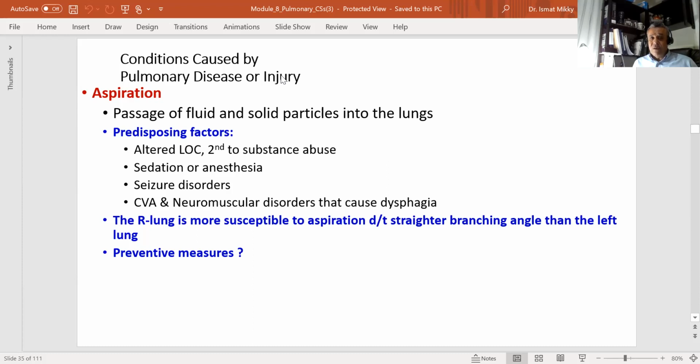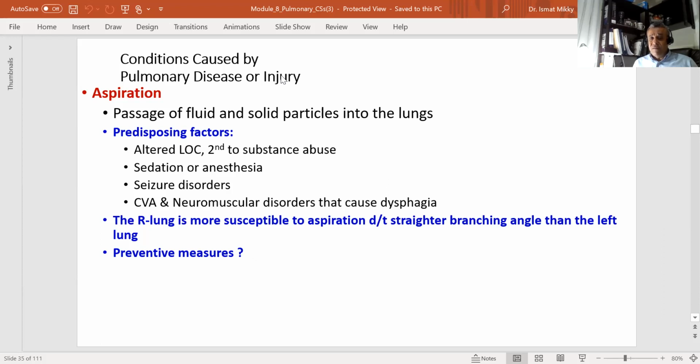So maintaining aspiration precautions will be the first thing as a nurse, for patients who have an altered mental status or altered level of consciousness, patients who are sedated or under anesthesia, especially general anesthesia, patients who develop seizure episodes, and patients with a CVA also.